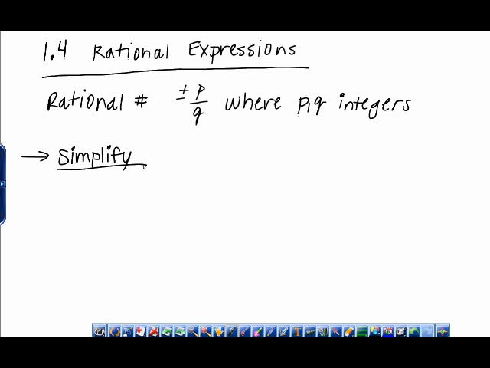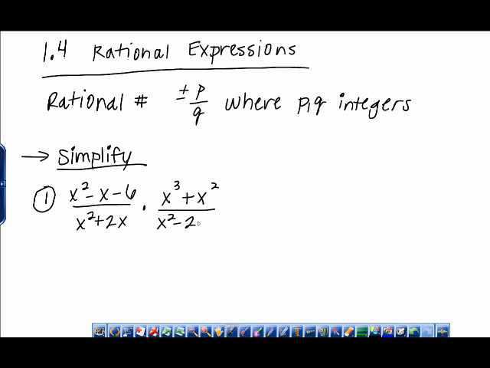All right, so in simplifying, let's just jump into a problem. So let's say we had x squared minus x minus 6 divided by x squared plus 2x, times x cubed plus x squared over x squared minus 2x minus 3.